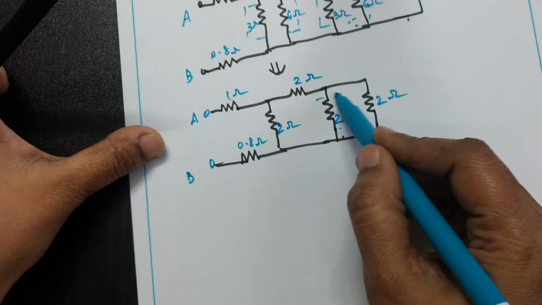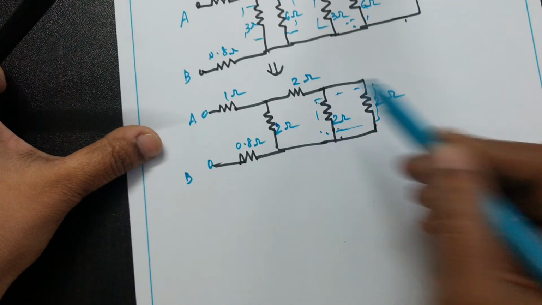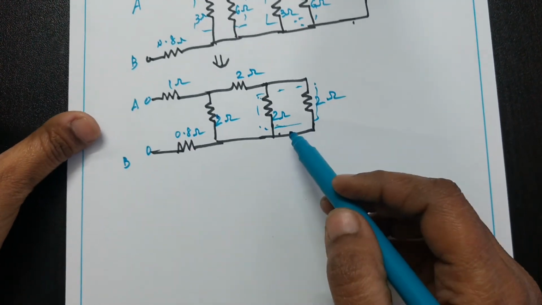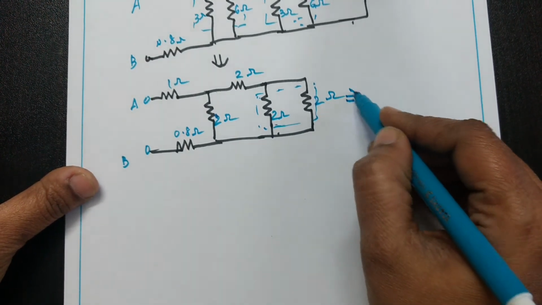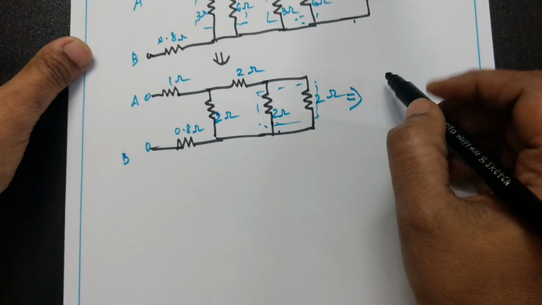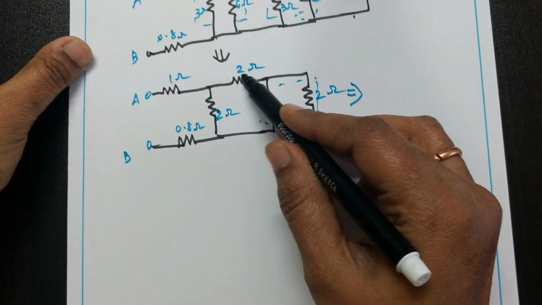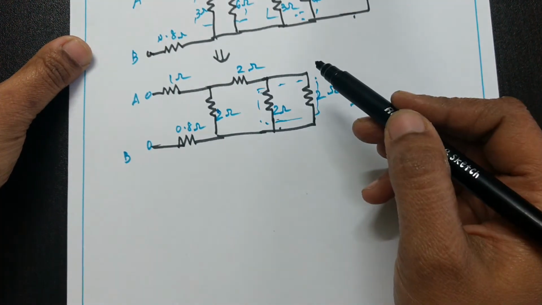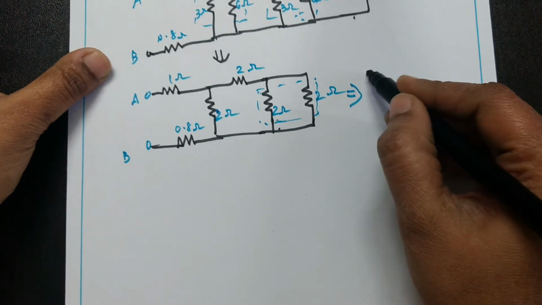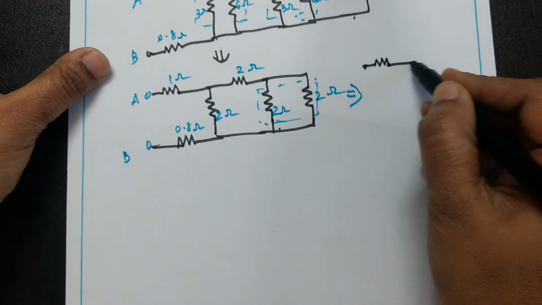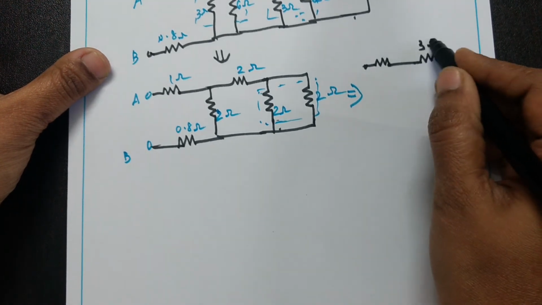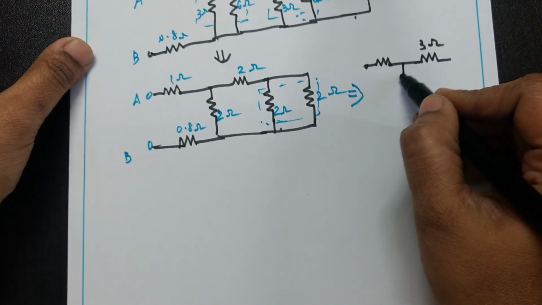So again this is in parallel: 2 into 2 by 2 plus 2, which is 4 by 4, 1 ohms. So the circuit becomes 1 ohms. Again 1 ohms in series with 2 ohms becomes 3 ohms.